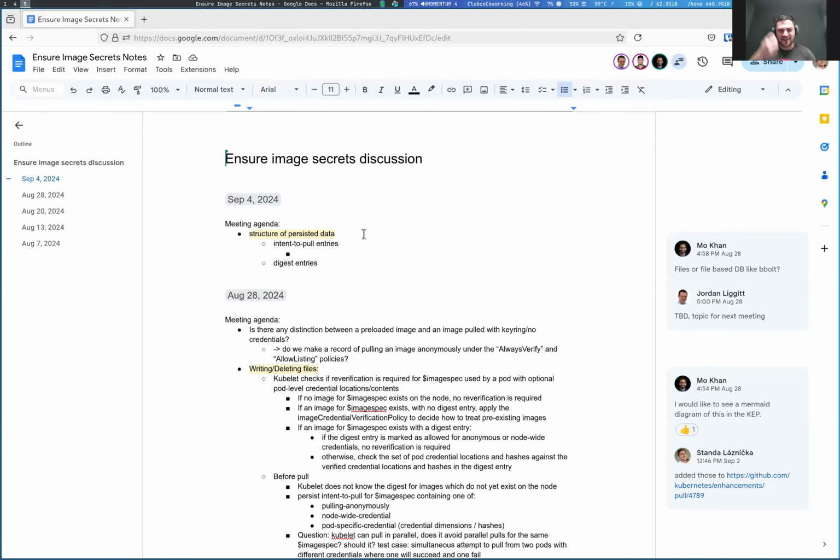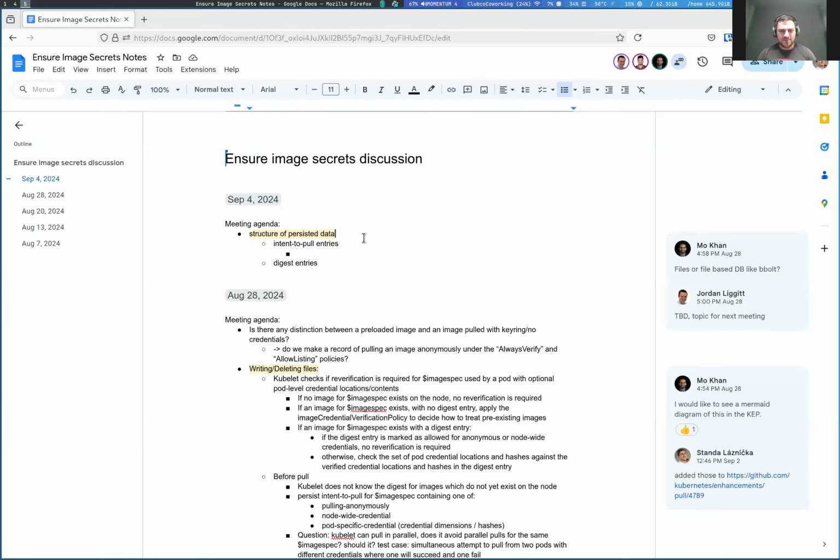We will decide whether it's a file or a record. Let's call it a record for today. We'll write a new record, which would be indexed by the digest of the image, possibly. And this one will basically tell us that the image was pulled successfully, and the original intent pull would be removed.